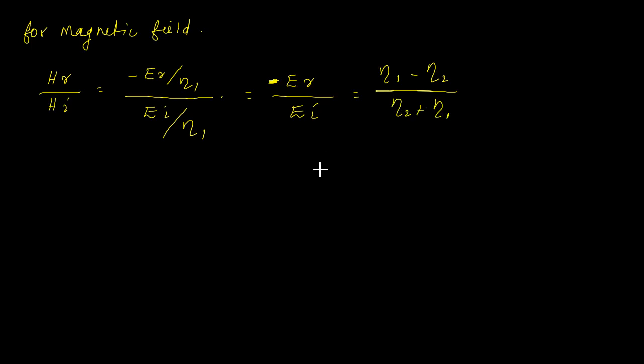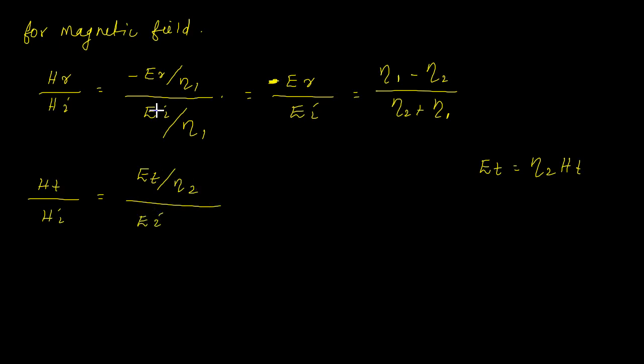Same for the magnetic field, let us see what HT by HI is. HT is ET by eta 2, and HI is EI by eta 1.